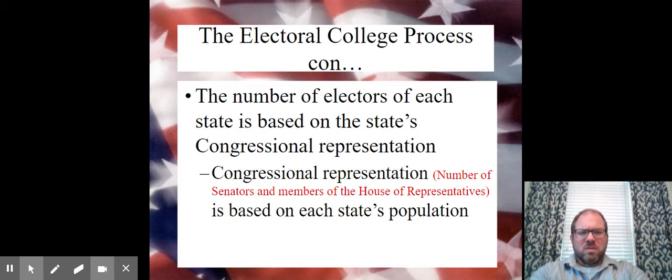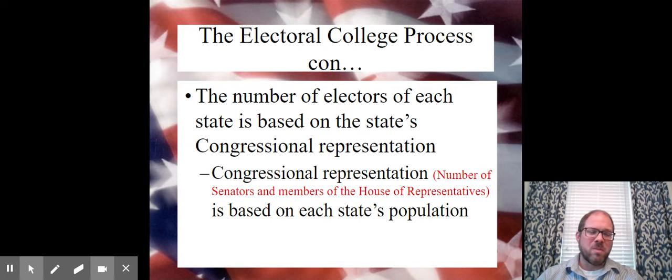This is so important. The number of electors that any given state has is based on that state's congressional representation. I have it written in the notes, but what that means is the number of U.S. senators, and every state has 2, and the number of members of the House of Representatives or Congress. For example, Virginia has 13.